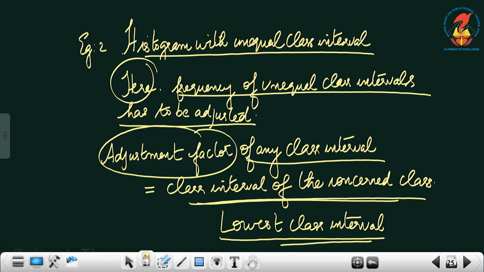Once again I repeat, as it is an unequal class interval, frequencies have to get adjusted. Therefore, that is known as adjustment factor.